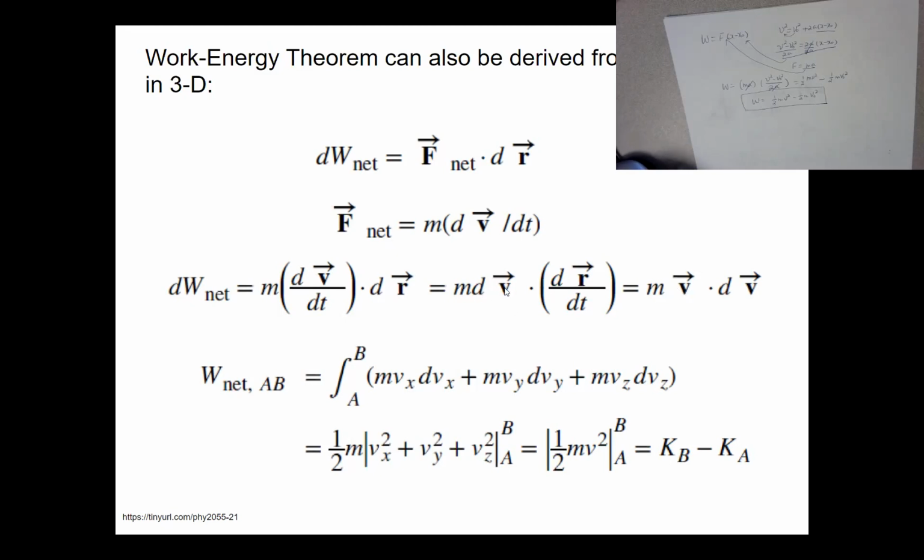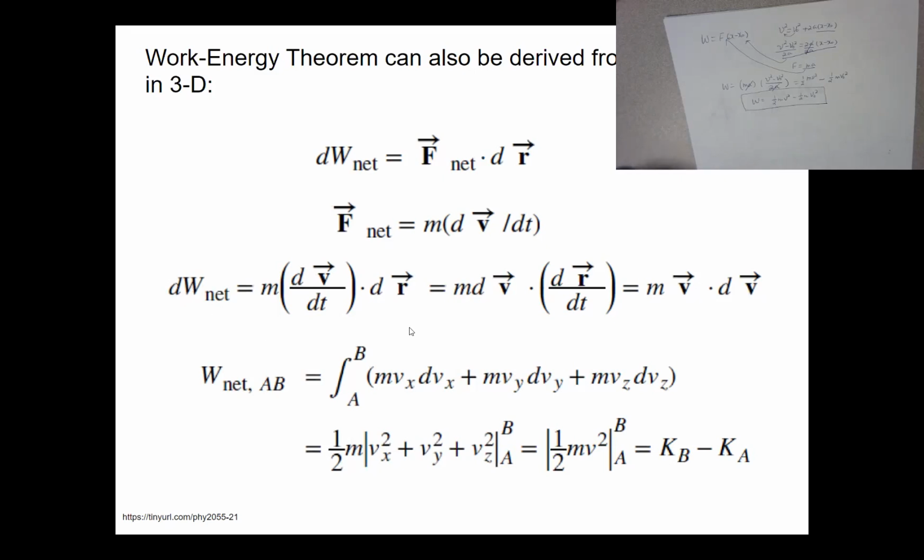And then dv remains over here. So it becomes m times dv times v, or m times v times dv. You can move the v in front of the dv. So then the differential form of work is equal to mv times the differential of the velocity.